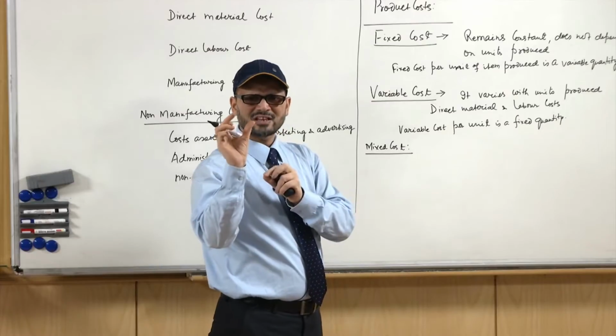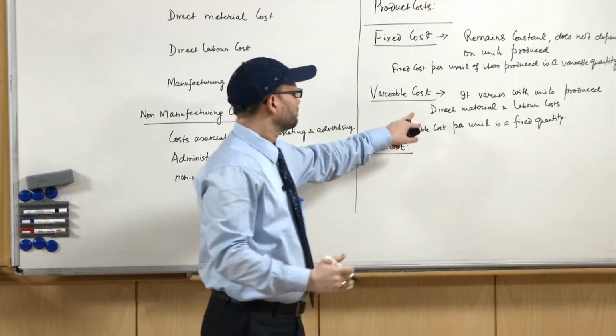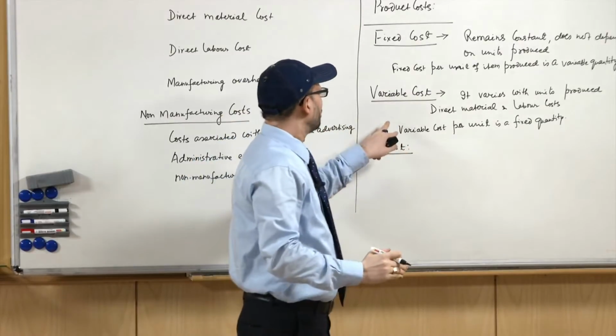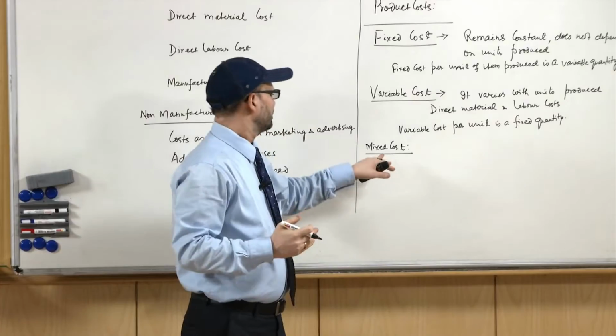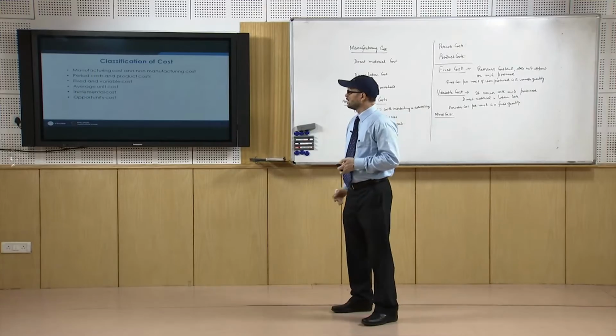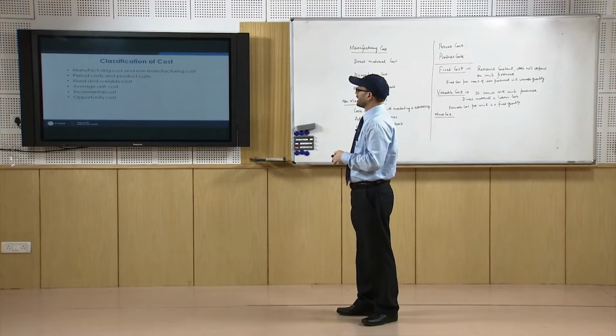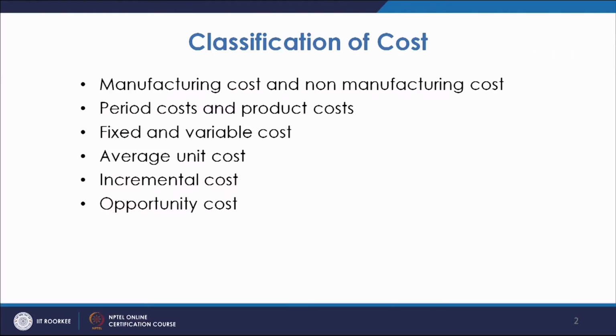So, it has a fixed part as well as a variable part. That is why this type of cost is known as mixed cost. So, on the basis of cost behavior, we categorize costs as fixed cost, variable cost and mixed cost.